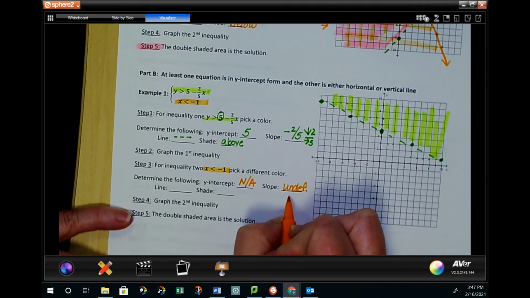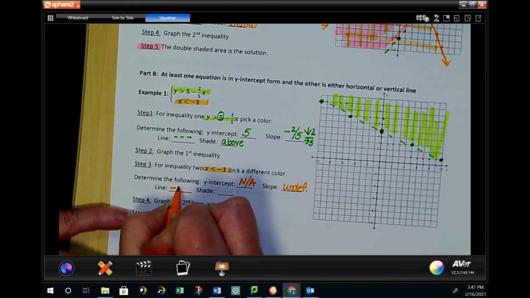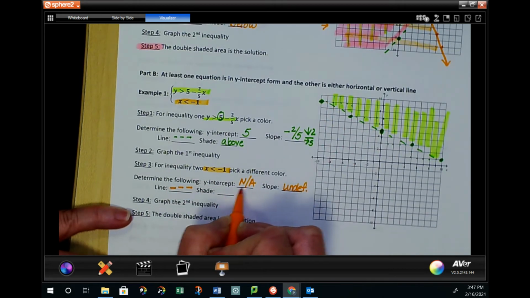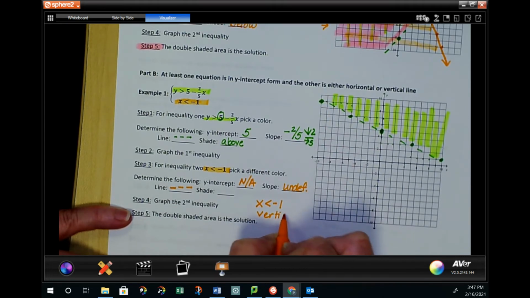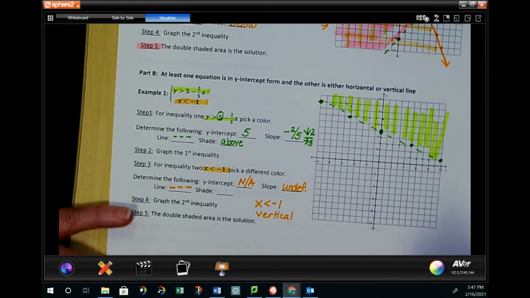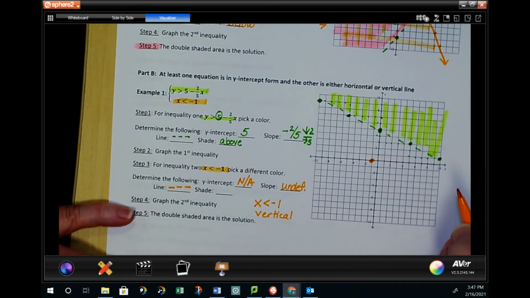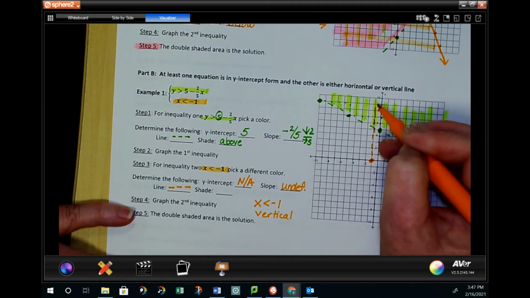My line is still going to be dotted because there's no line under it. There's no y-intercept, because this is going to be a vertical line. X is less than 1. That's a vertical line. No matter what x is, it will always be 1. And I'm going to have a dotted line at 1.